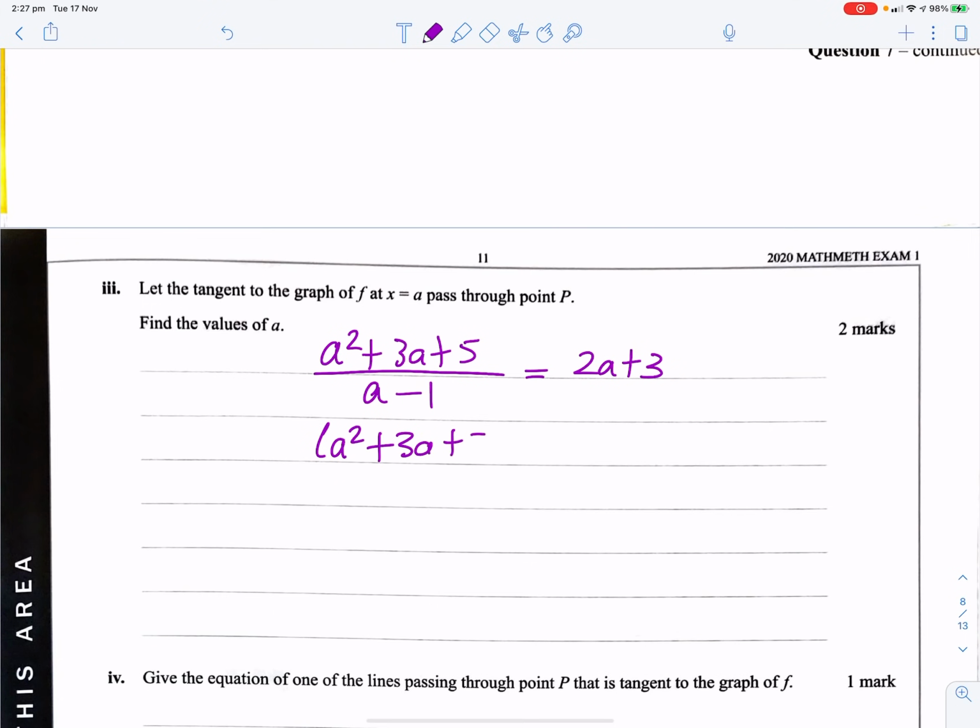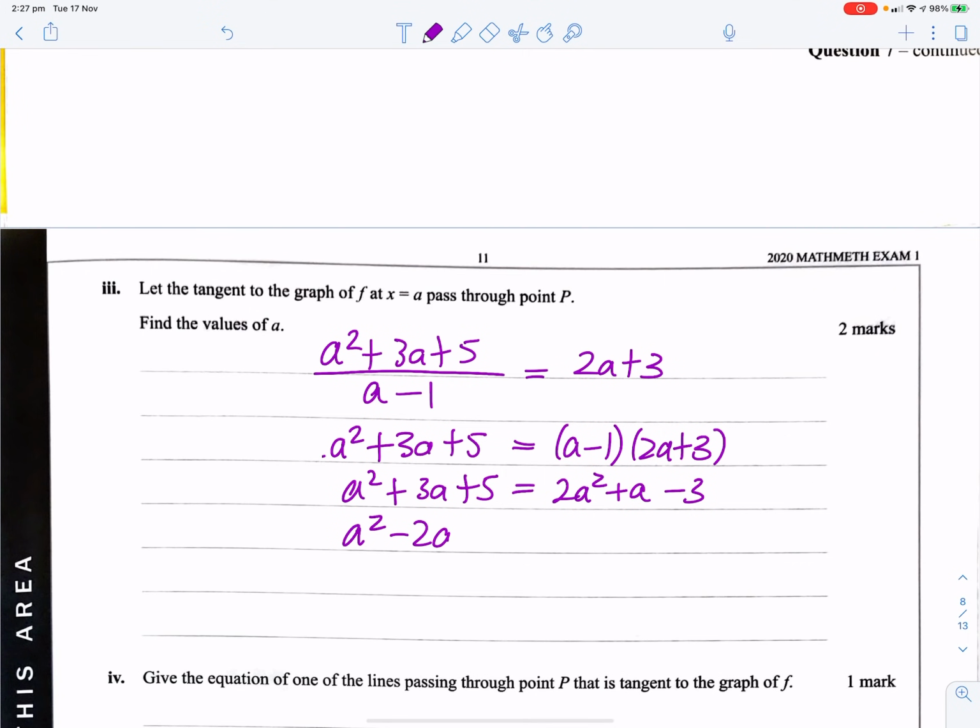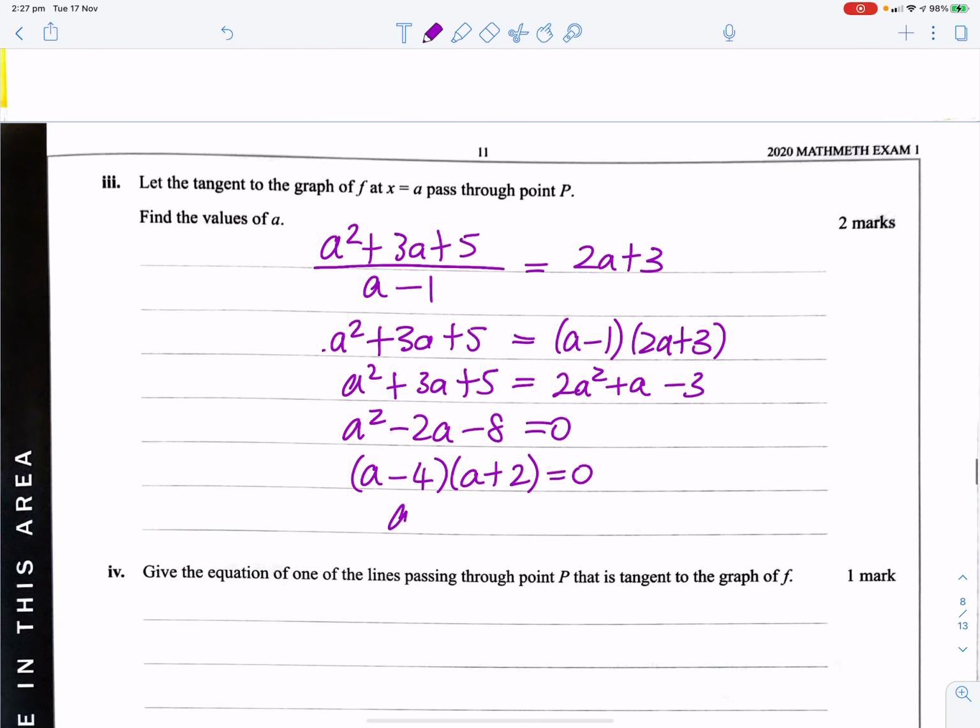A squared plus 3a plus 5 is equal to a minus 1 times 2a plus 3. A squared plus 3a plus 5 is equal to 2a squared plus a minus 3. A squared minus 2a minus 8 is equal to 0. A minus 4, a plus 2, so a equals 4 or negative 2.